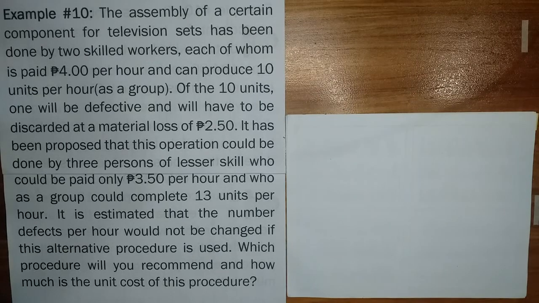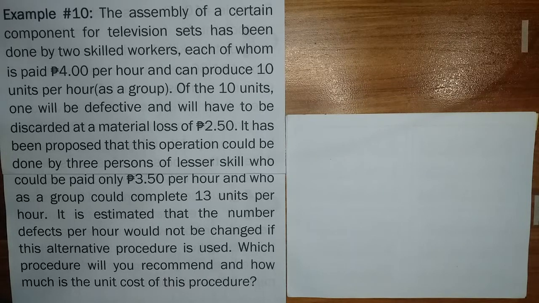Example number 10. The assembly of a certain component for television sets has been done by 2 skilled workers, each of whom is paid 4 pesos per hour and can produce 10 units per hour as a group. Of the 10 units, 1 will be defective and will have to be discarded at a material loss of 2 pesos and 50 centavos.